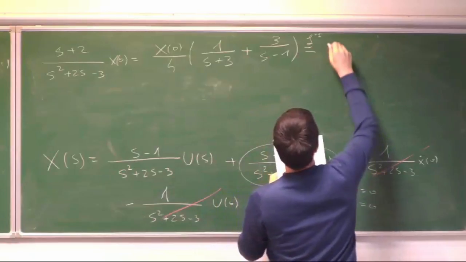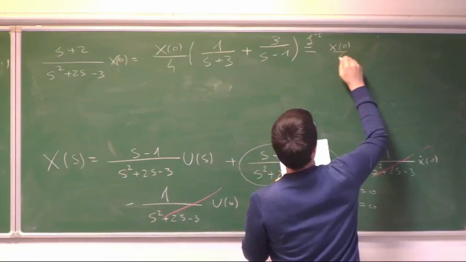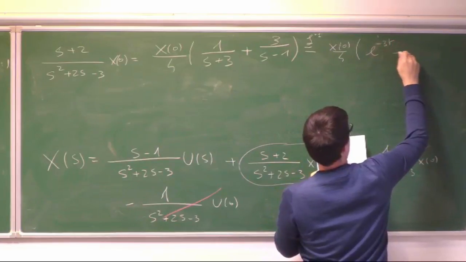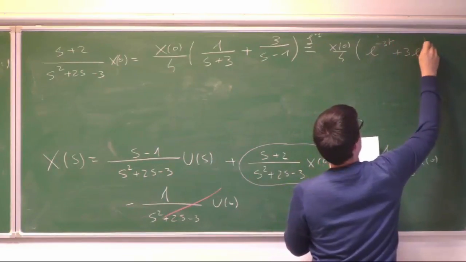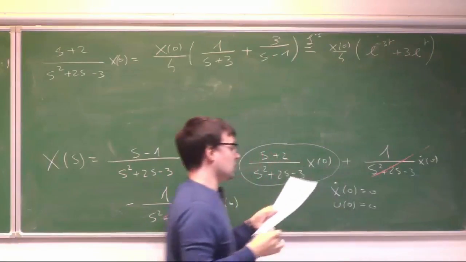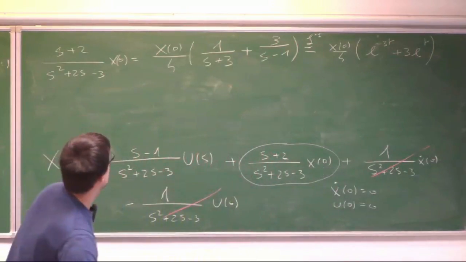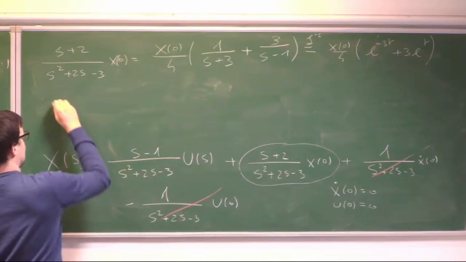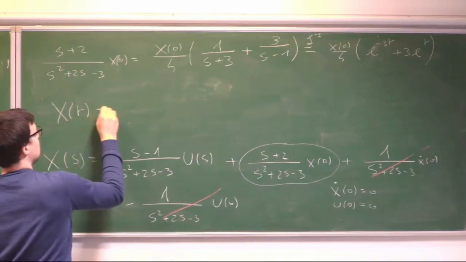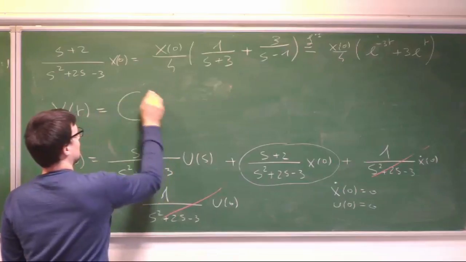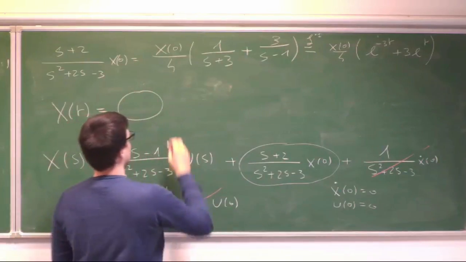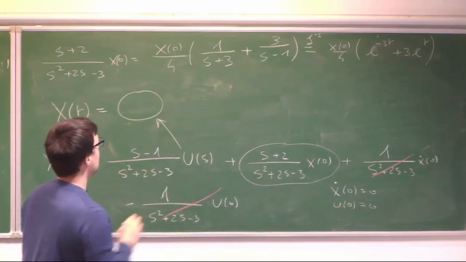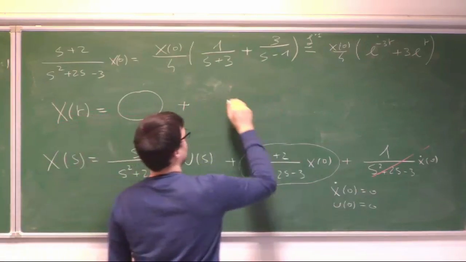And what we have is x of 0 divided by 4 times e to the power minus 3t plus 3 e to the power t. Okay, so we obtain this expression over here. And so the actual expression here, x of t, will be equal to something that depends on the input, okay, so it goes over here, plus that term over there.